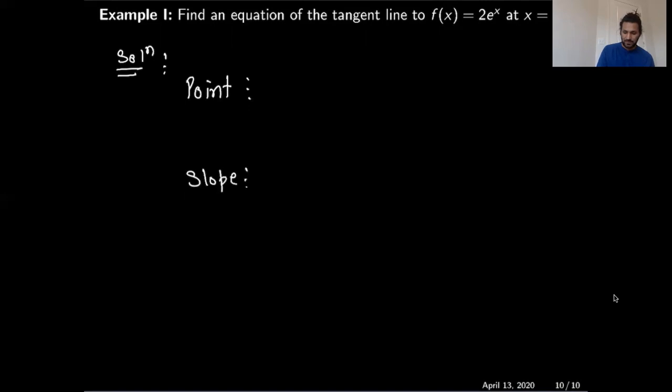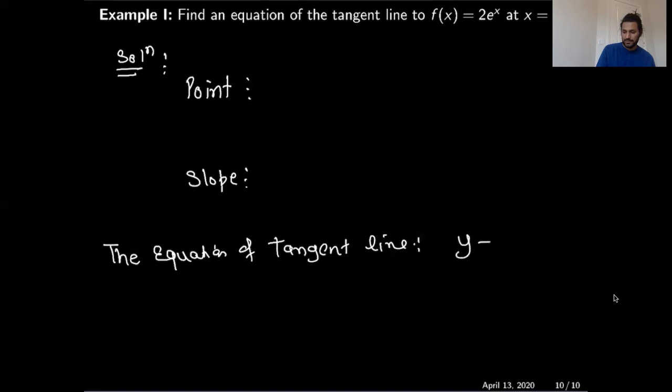And then we will find the equation of the tangent line, which will be basically y is equal to mx plus b, where m and b we will determine.